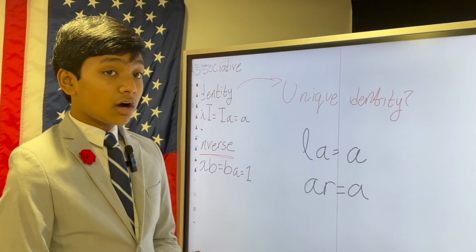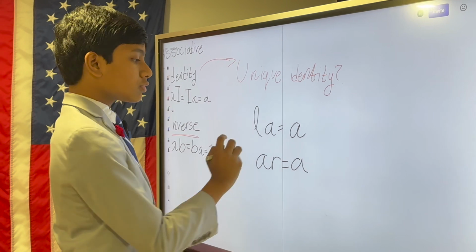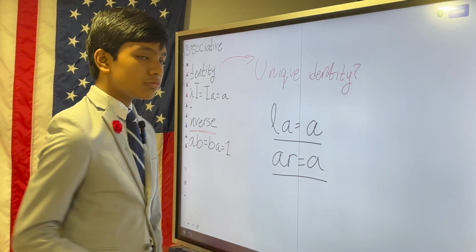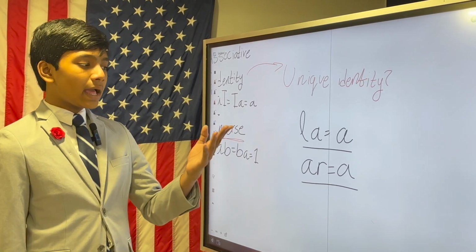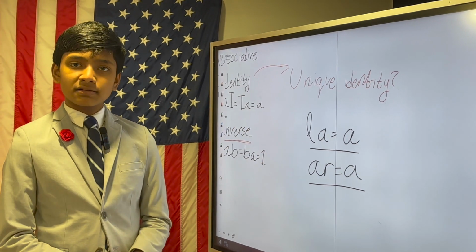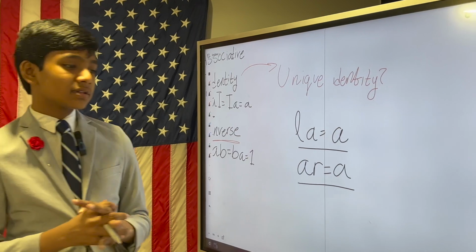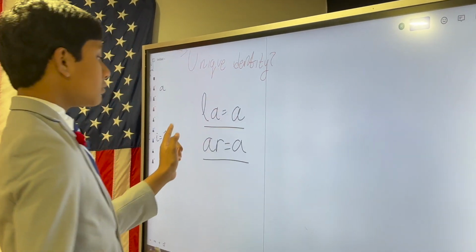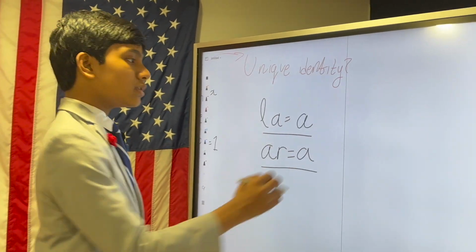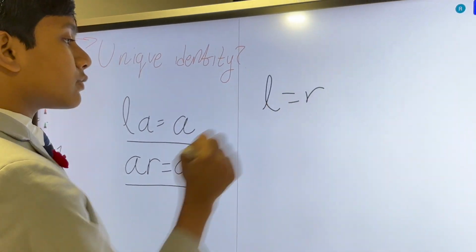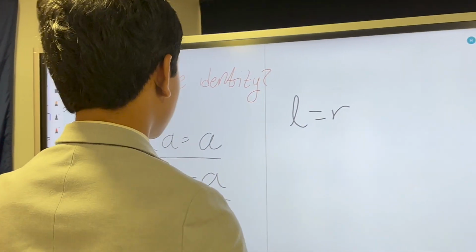But that's not what we're looking at right now. We're just looking at the general case, which allows us to know that LA and AL aren't necessarily the same, and AR and RA similarly aren't necessarily the same. So now, let's try to prove that L is equal to R, so we can prove there's one unique identity.